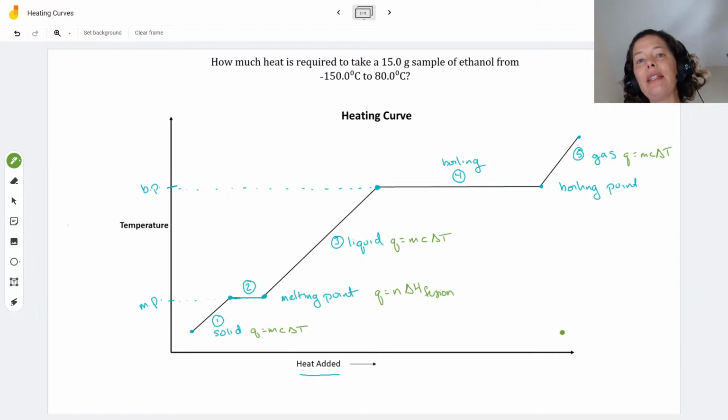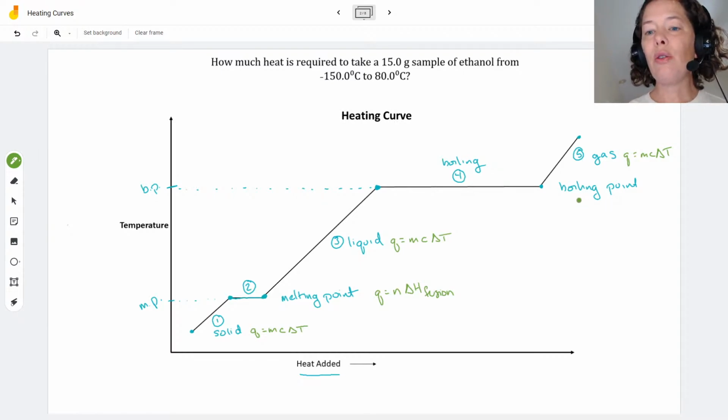Again, that is the enthalpy of fusion. That is how much heat is required for the phase change. And the same is true up here for the boiling point. Our Q is going to be the number of moles times the enthalpy of vaporization.